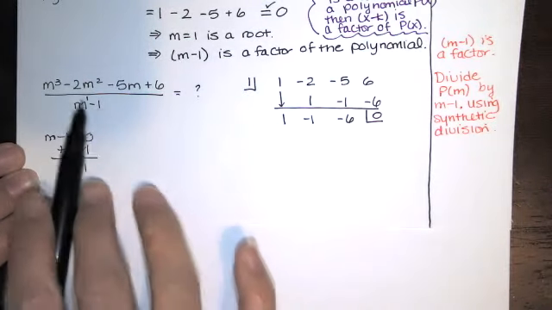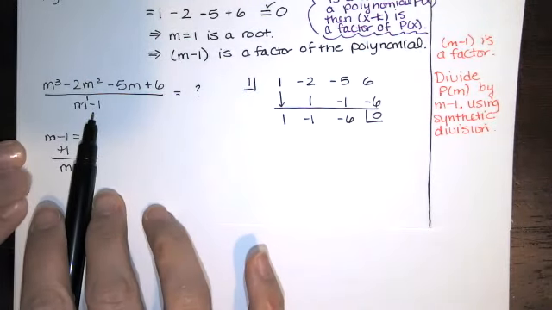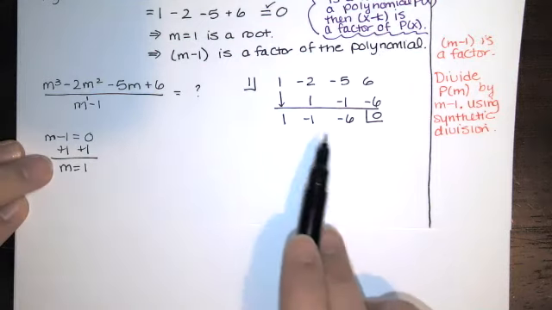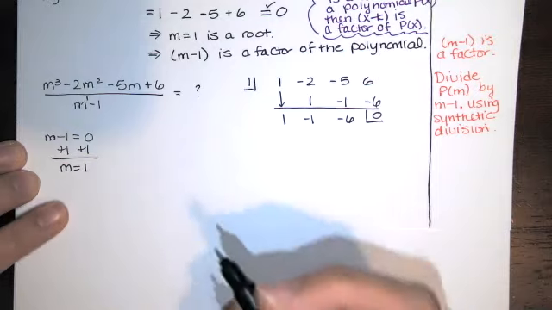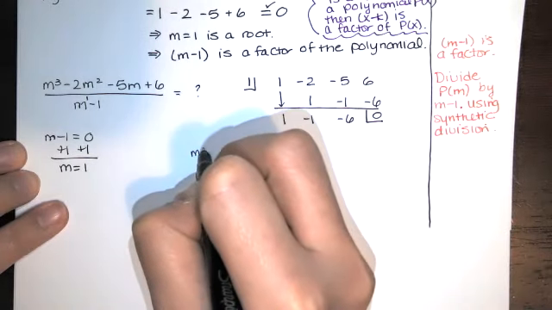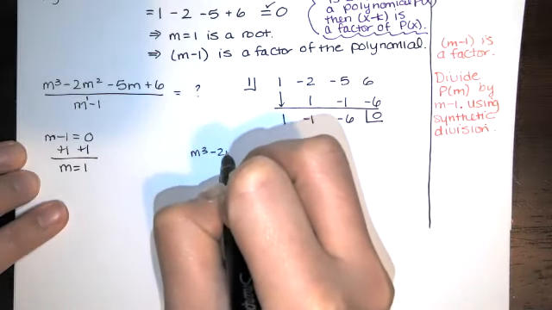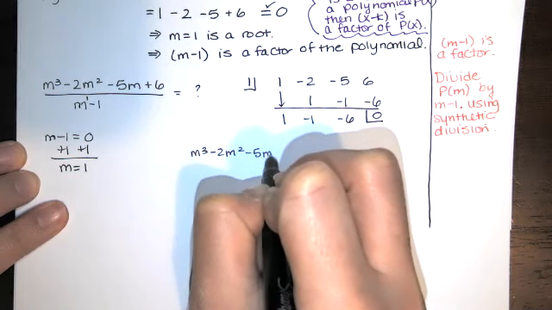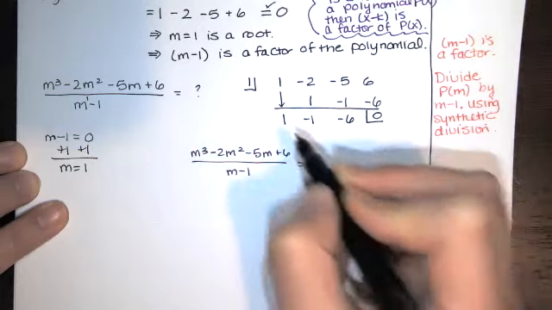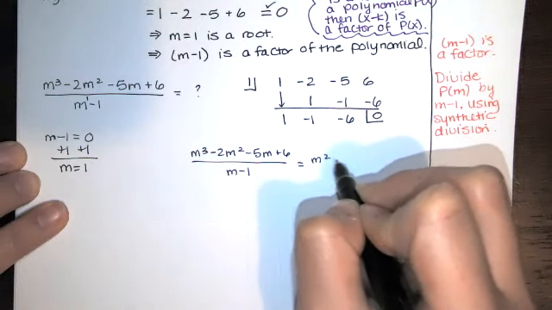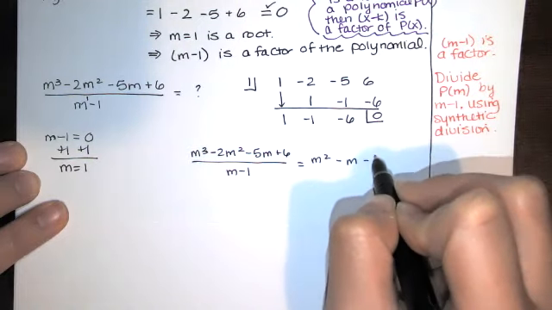So now I know that this divided by this is a quadratic function with these coefficients. So what this synthetic division is telling me is that m cubed minus 2m squared minus 5m plus 6 divided by m minus 1 is equal to 1m squared minus m minus 6.